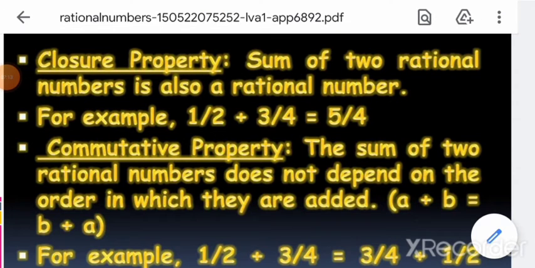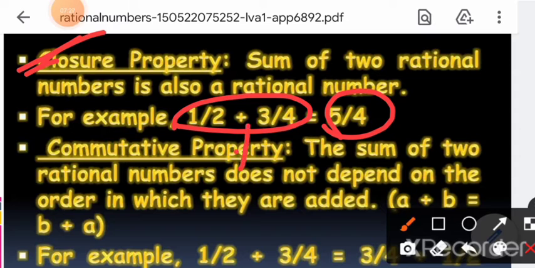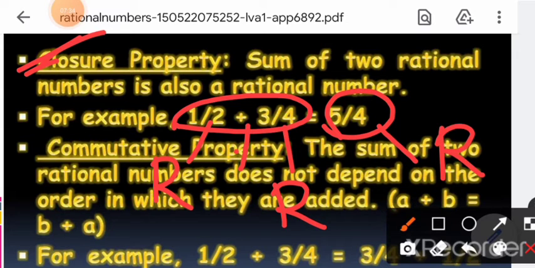The first property is the closure property. The closure property says that the addition of 2 rational numbers is always a rational number. Like 1 by 2 and 3 by 4 are both rational numbers and their addition is 5 by 4, which is also a rational number.